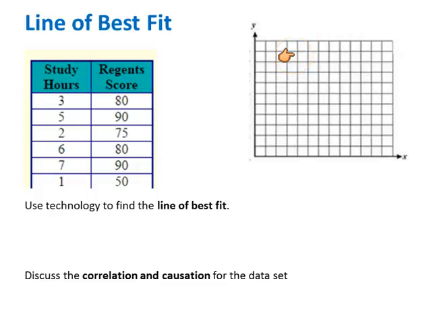One thing we can do is create a scatter plot, and from our scatter plot we can use technology to find a line of best fit. Sometimes it's nice to make a scatter plot to see the trends, and then use technology to find the equation of a line of best fit. That's what we're going to do. Remember, anytime we talk about linear equations, we use y equals mx plus b.